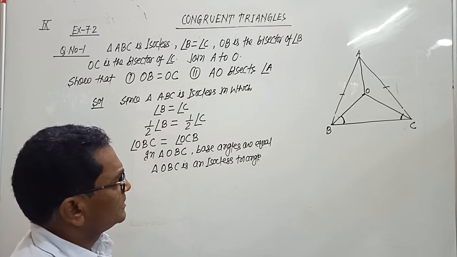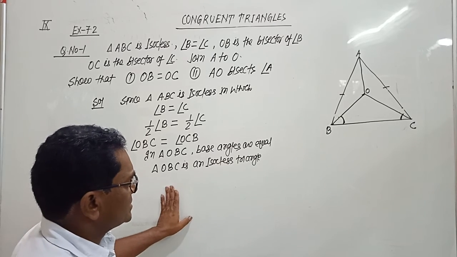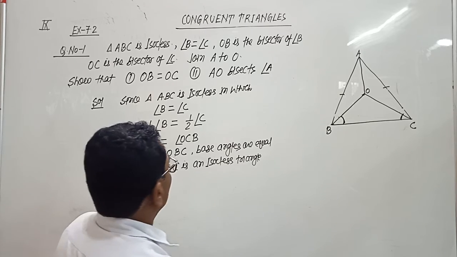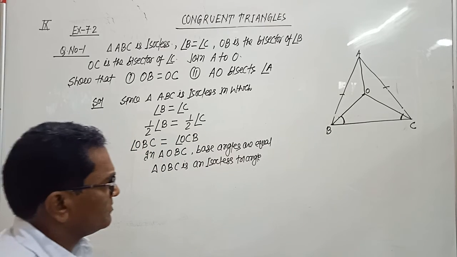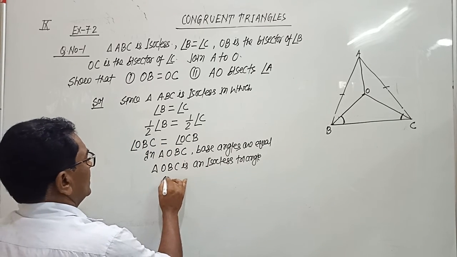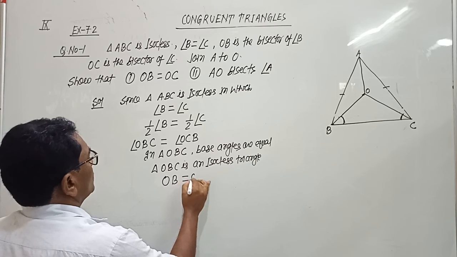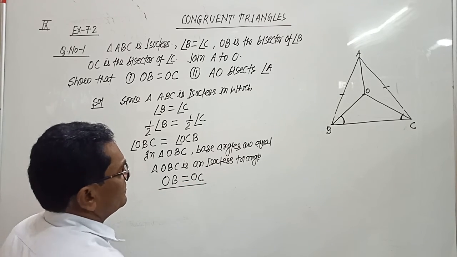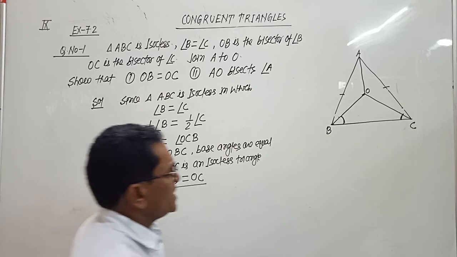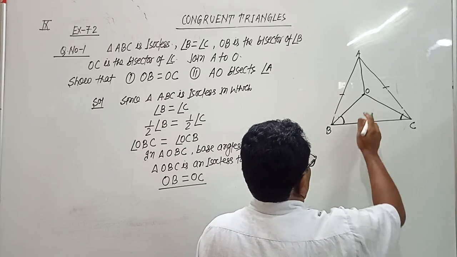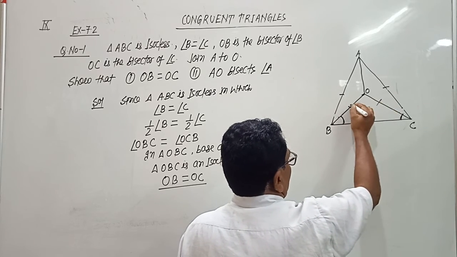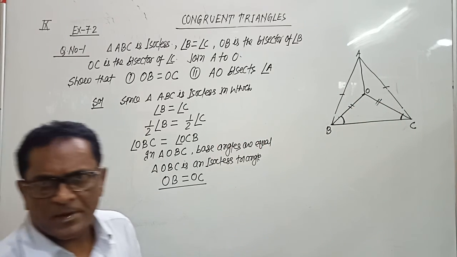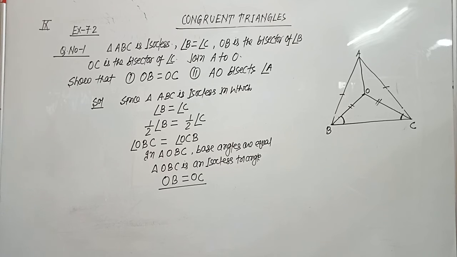And if it is an isosceles triangle, then we know that side OB equals side OC. So this is the first part. We have proved that side OB equals side OC.